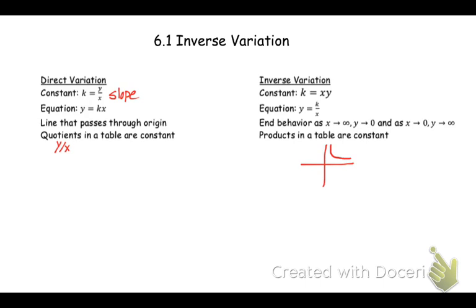Notice your end behavior there. As x approaches infinity, y is approaching 0. And as x approaches 0 from the right side, y is approaching infinity. These are just talking about positive values, like real-world situations. Then if we're looking at a table of values, the products in that table would be constant. Again, that's because the constant is found by multiplication.